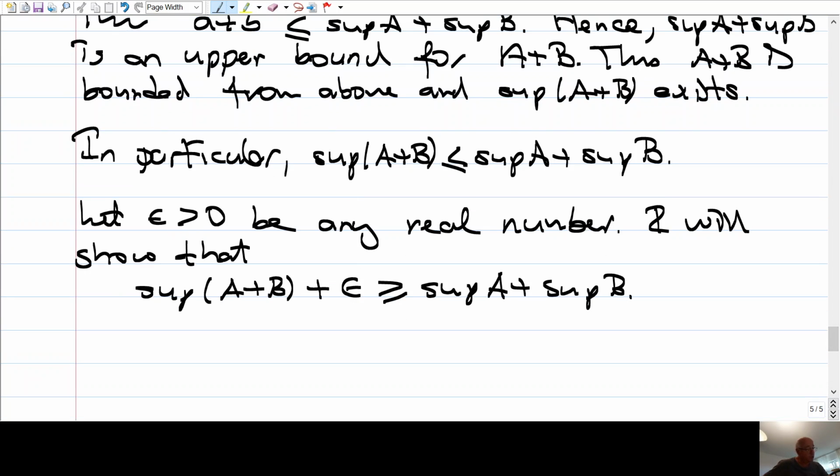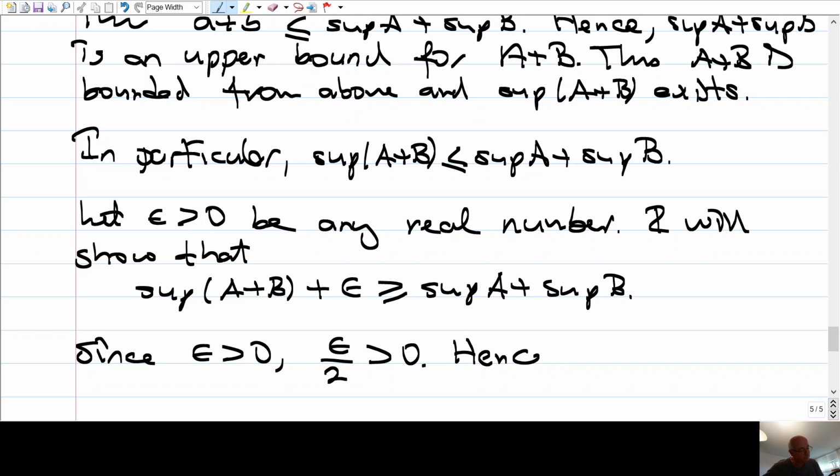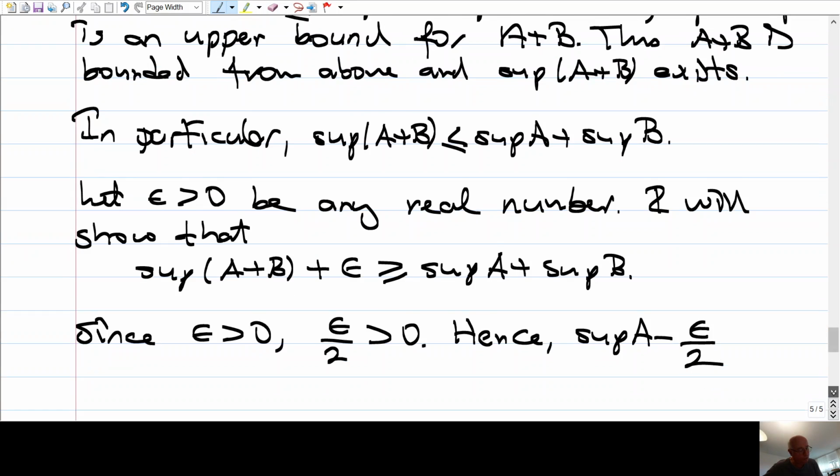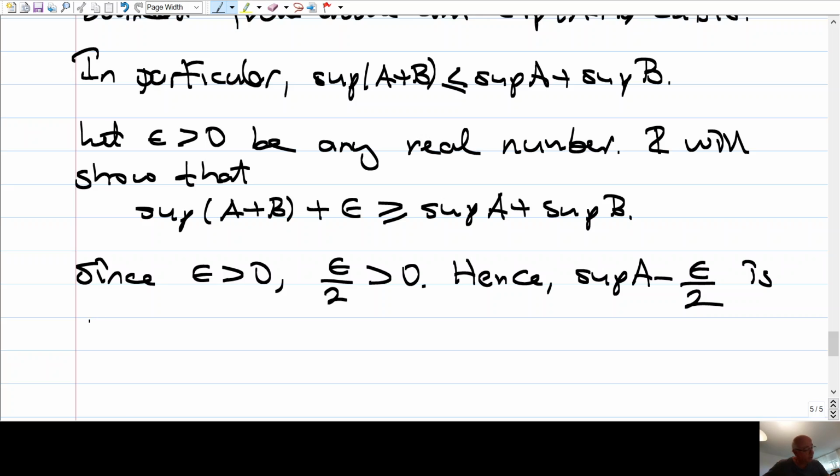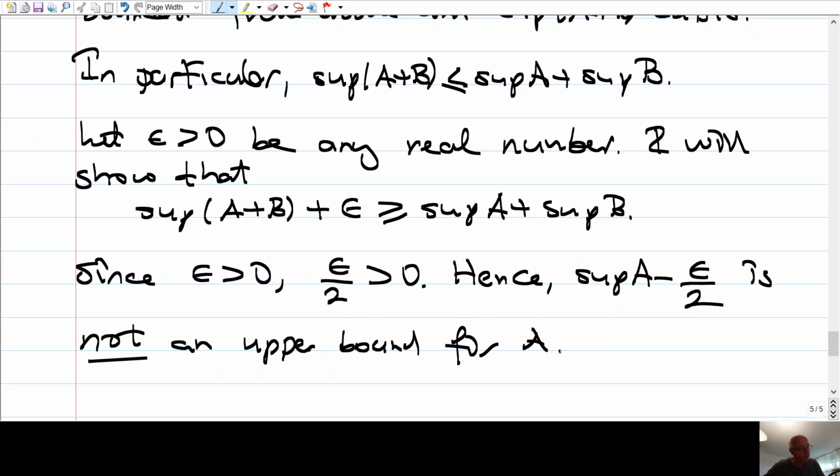Well, epsilon is positive. Half of it is also positive. Since epsilon is positive, epsilon over 2 is positive. And in this case, hence, supremum A minus epsilon over 2 is not an upper bound for A. Well, this is not an upper bound for A means what?